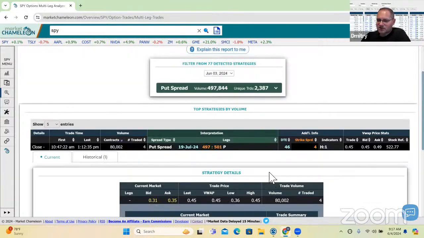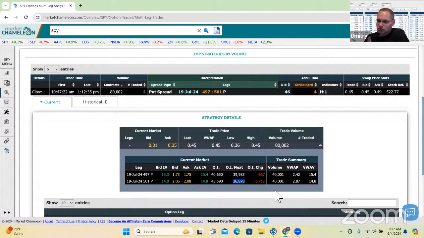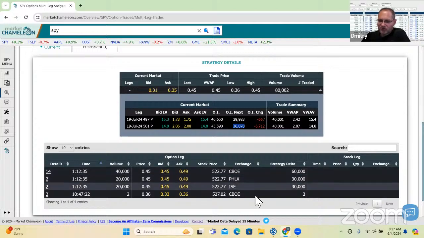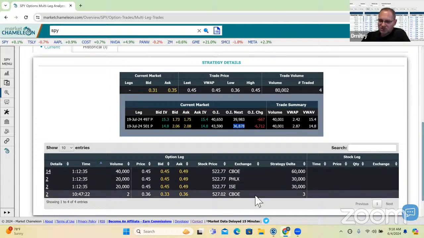SPY trades a lot of options, so we'd have to go and look through everything. But the open interest nevertheless declined today. Now we see it traded 4 separate times. Okay, so these are the 4 different trades yesterday.